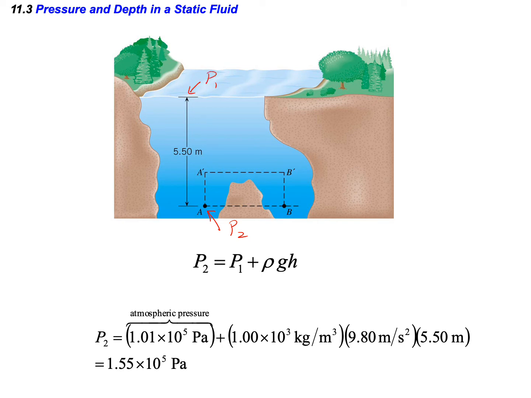So P2 is, this is atmospheric pressure, because it's on the top of the surface, plus rho, density of water, which is 1000, and G, gravity 9.8, times the height from A to the surface, which is 5.5. So pressure at the bottom, point A, is 1.55 times 10 to the 5.